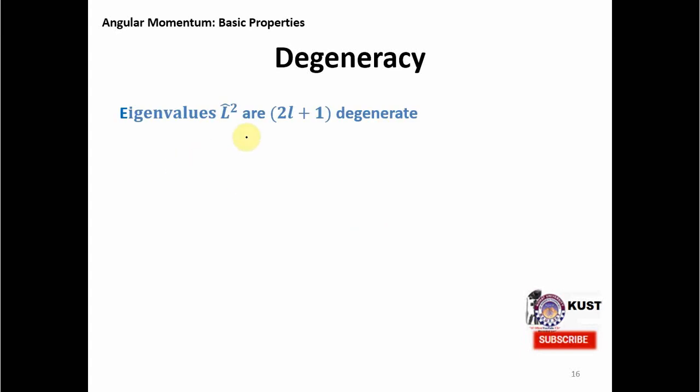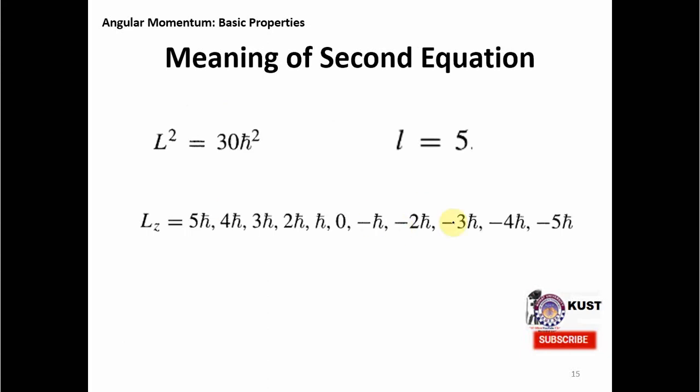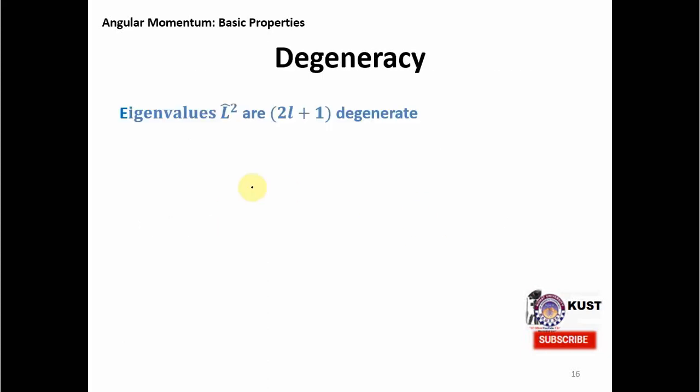So the eigenvalues of L square are 2L plus 1 degenerate, because L was equal to 5, so 5 into 2 is 10 plus 1, we got 11 values.